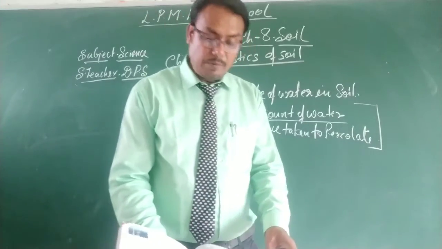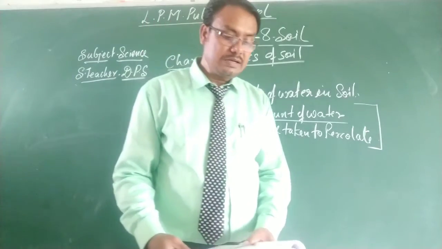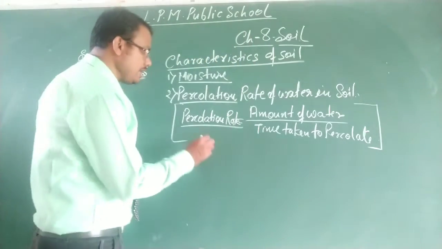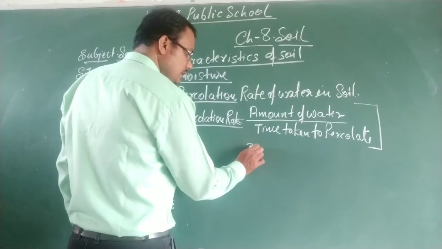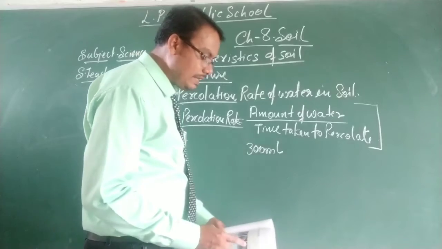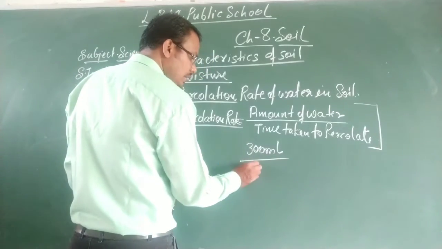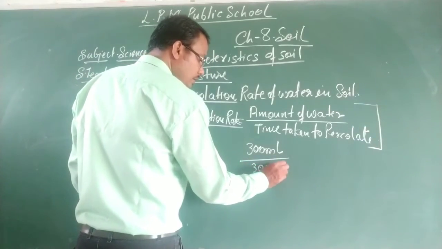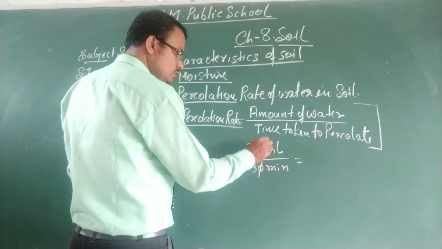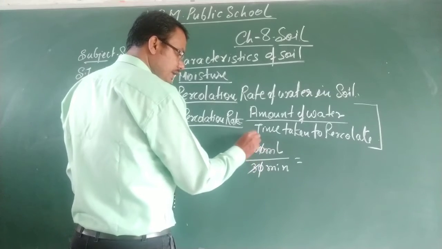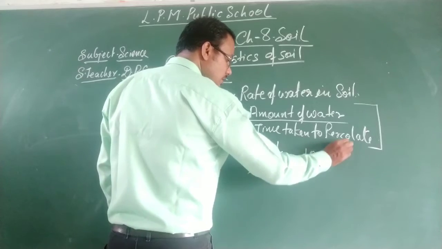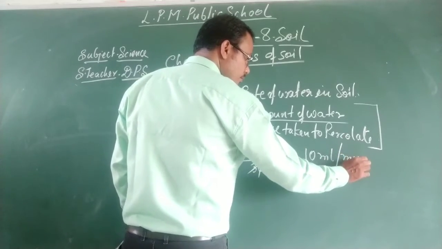Now I am going to give you a few examples. Suppose the amount of water is 300 ml and the time taken is 30 minutes. What will be the percolation rate? The zeros cancel, and 3 tens are 30, so that means 10 milliliter per minute.